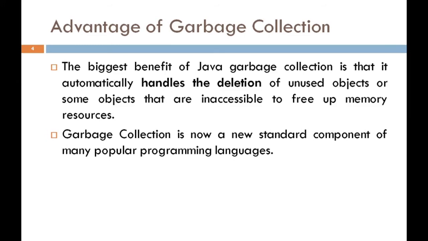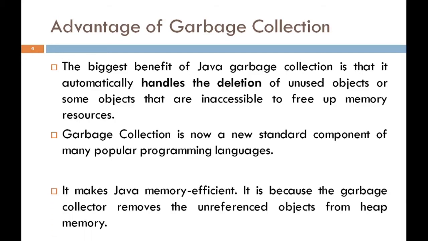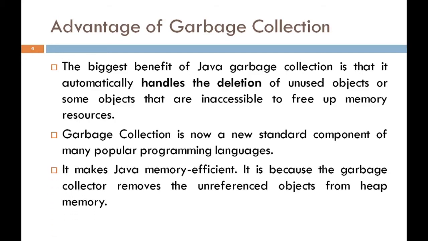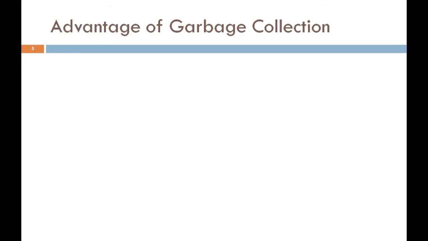Garbage collection is now a standard component of many popular programming languages like Java, Python, .NET, etc. It makes Java memory efficient because the garbage collector removes the unreferenced objects from the heap memory and provides memory space for future allocation.